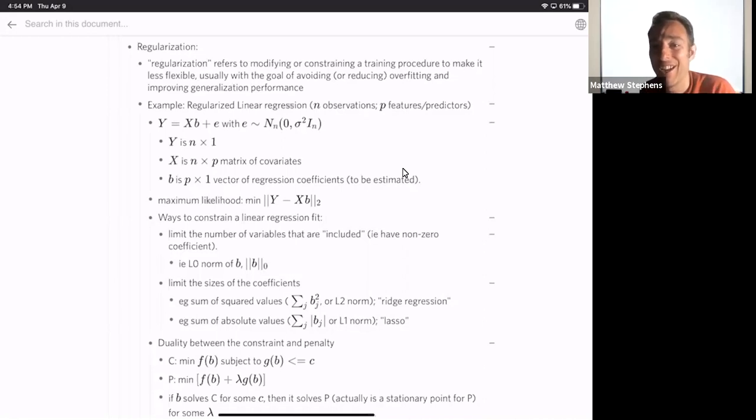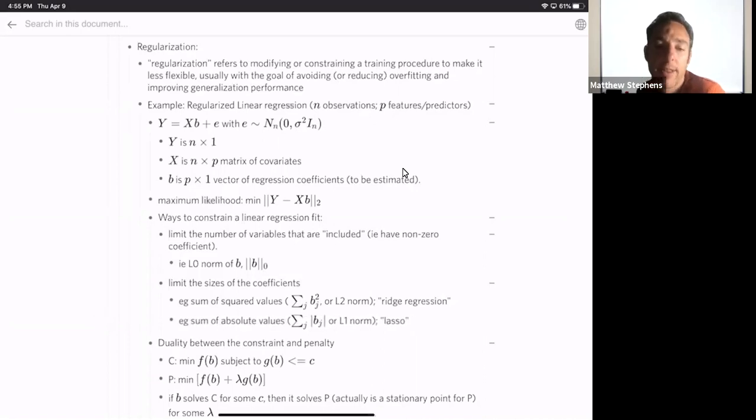The other extreme is to let that constraint be very, very big and say the sum of the squared values must be less than something huge, which is essentially no constraint whatsoever, and you would be back to least squares. As I dial that parameter, I get a range of constraints. The same is true if I use the sum of the absolute values.